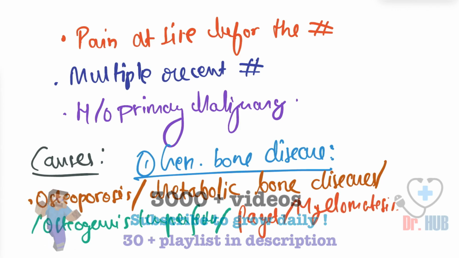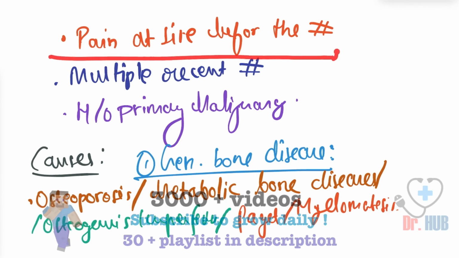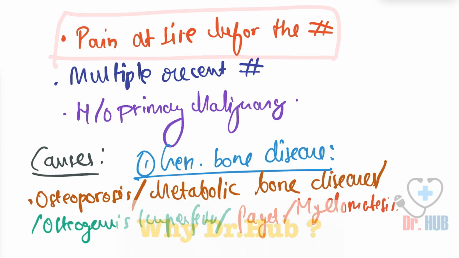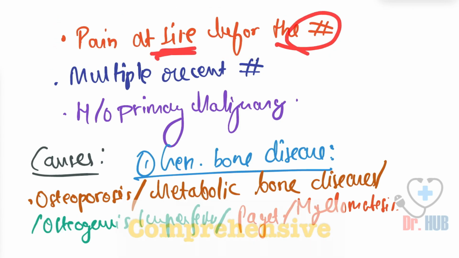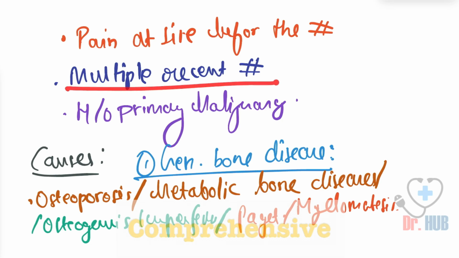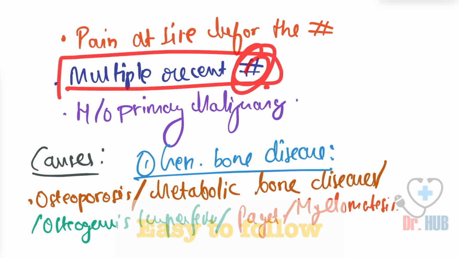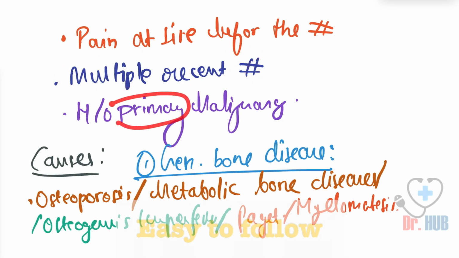Just to recap, we saw some characteristics of the factors which suggest a pathological fracture. We were left with some points: pain at the site before the fracture, multiple recent fractures, and history of primary malignancy.